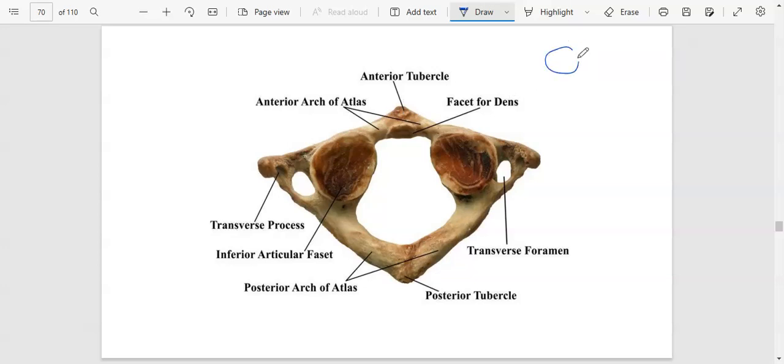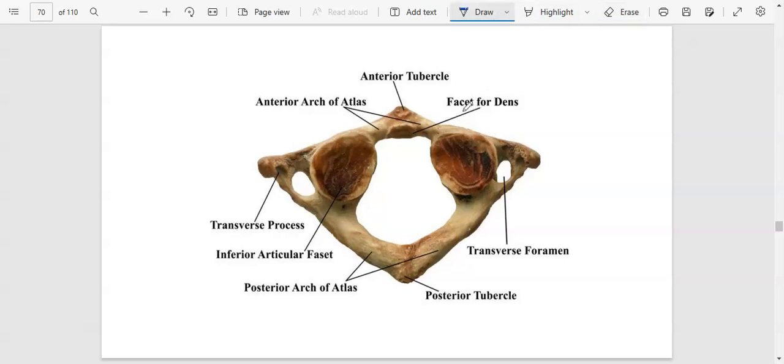So if you are standing, this is the part that is going to be in front, and then this part is going to be behind. Since we have an anterior, we are also supposed to have a posterior tubercle. A tubercle is simply a protrusion, anything that comes outside of a bone like that, right?